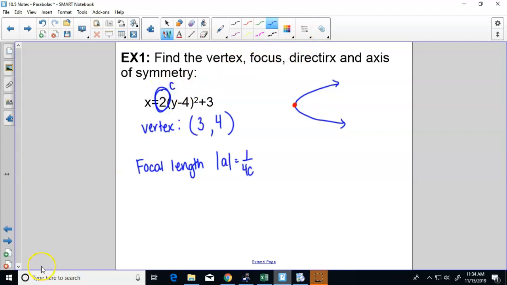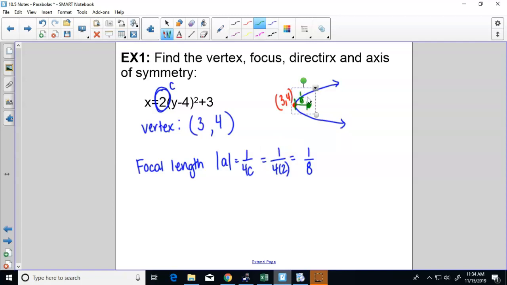This would be your C. So we're going to say 1 over 4 times 2, which is 1/8. And what that tells us is the distance from this point right here, which is 3, 4, over to the focus is going to be 1/8.